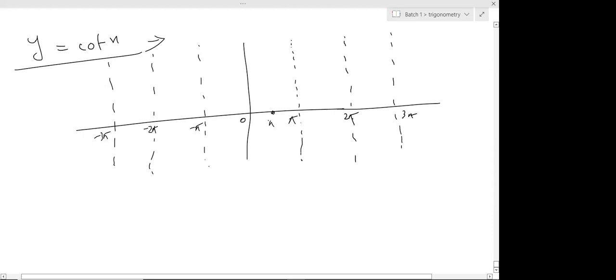In between them, multiples of pi by 2. So start from 0 to pi. This will be here.